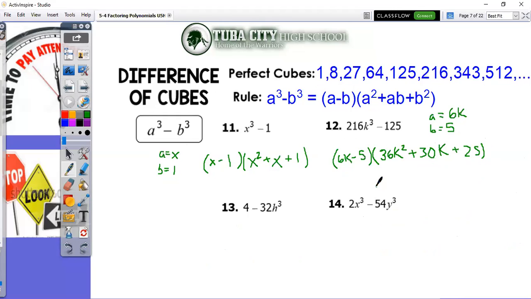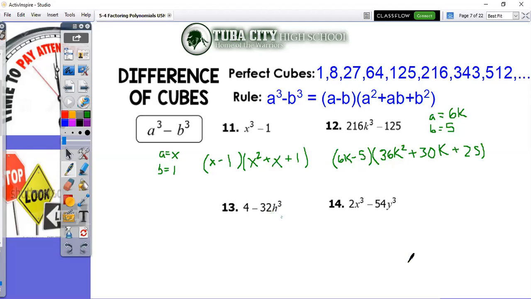That is factored out. Moving on, 4 is not a cube number, and 32 is not a cube number. So this means that we must factor out something. Let's see, 32 and 4, what one number can both numbers be divided by? We could go with 2, so divide both of them by 2, and you'd get 2 and 16.